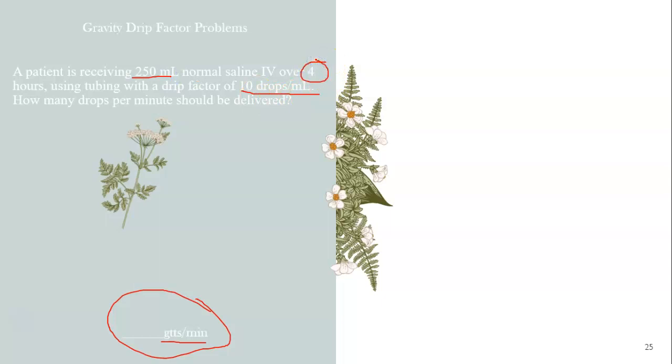And that's all I care about. I don't care what's in the bag. So when I set this up, remember, my 10 drops go over here. My volume of fluid goes over here.